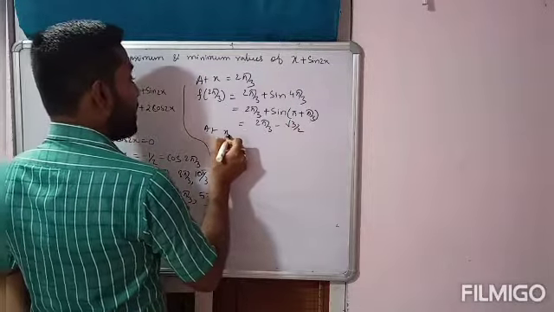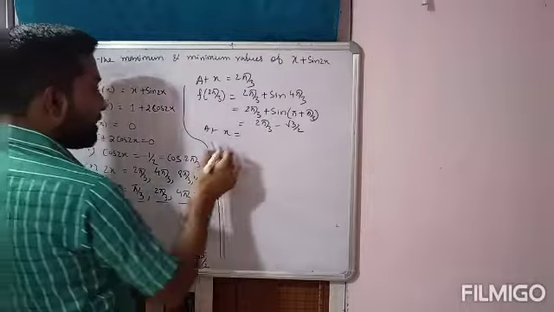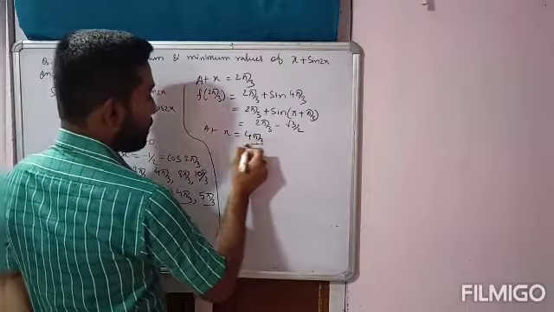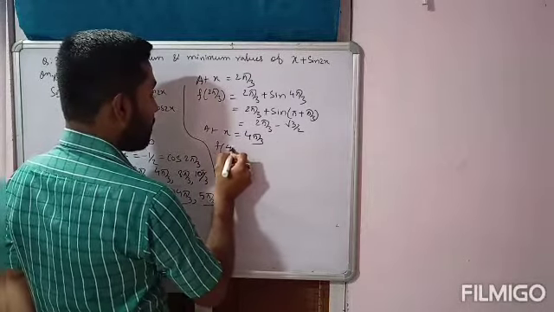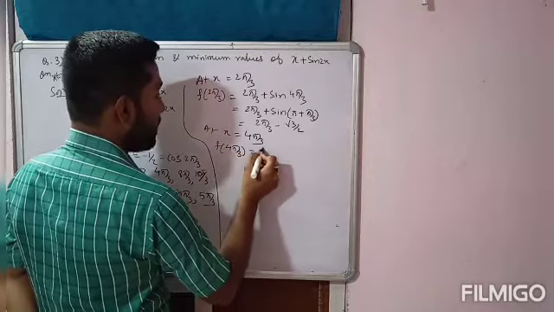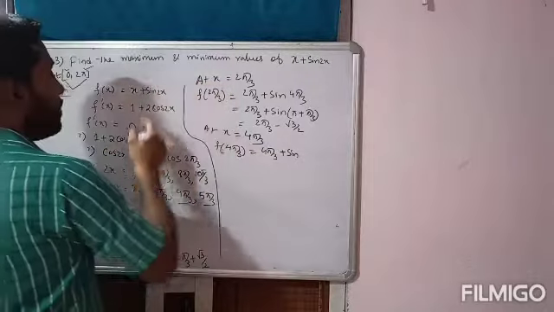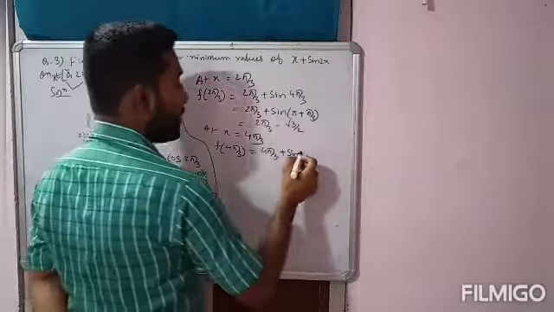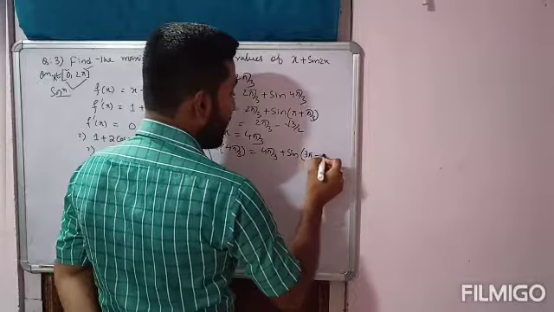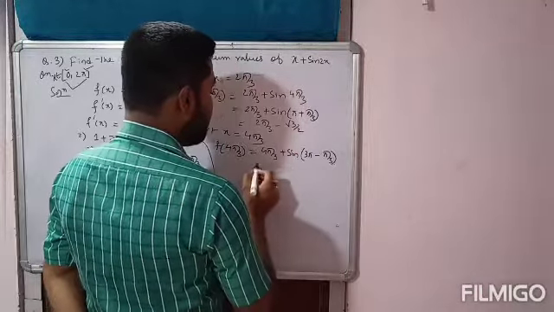Next at x equal to, after 2 pi by 3, next critical point 4 pi by 3. तो 4 pi by 3 में देखता हूँ क्या होता है? f of 4 pi by 3, this is equal to 4 pi by 3 plus sin of 8 pi by 3. So 8 pi by 3 can be written as 3 pi minus pi by 3.